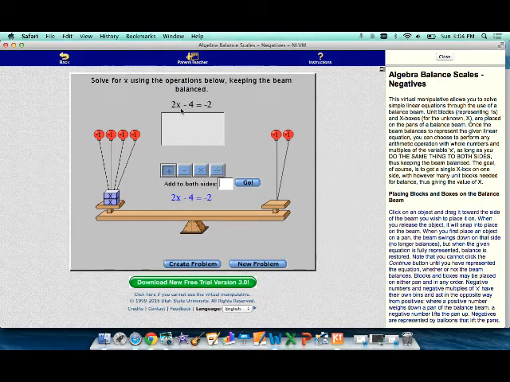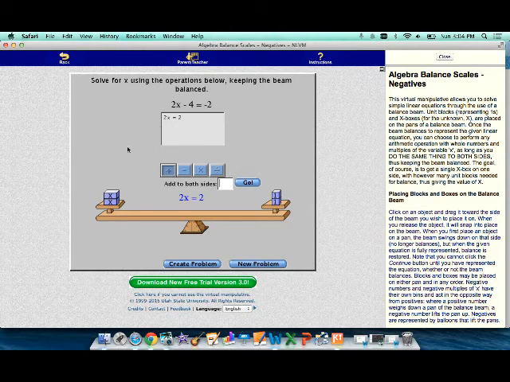I can now proceed to balancing my equation so that x is on its own. I have 2x minus 4, so I'm going to take that minus and add 4 to make it opposite. So if I have minus 4 and I add 4, it will be the opposite. I hit go. As you can see, the balloons disappeared because I was adding 4 to each side.